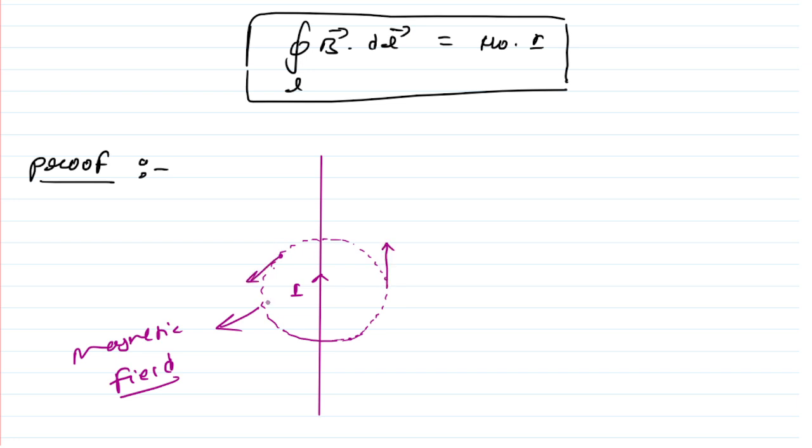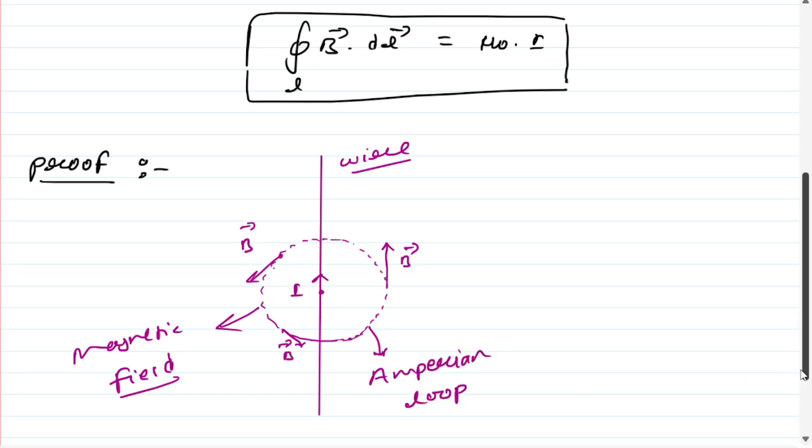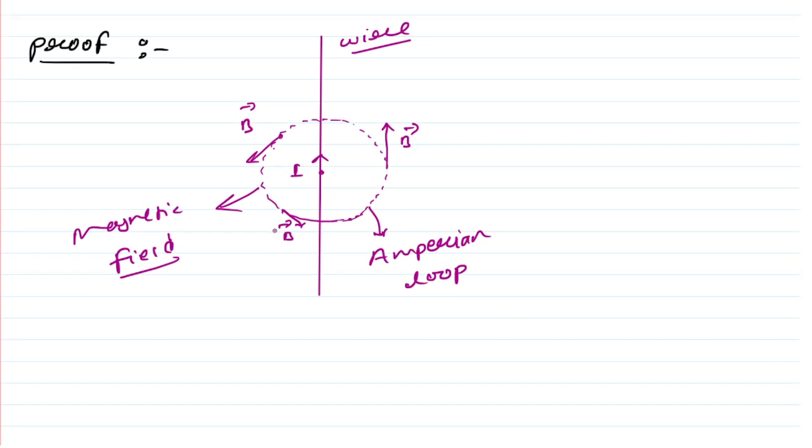This is how the magnetic field is directed at different points, but the magnitude remains the same, and the center of this loop falls on the wire or conductor. This particular loop we name the Amperian loop. Whenever we apply the line integral, we apply it on this loop only.